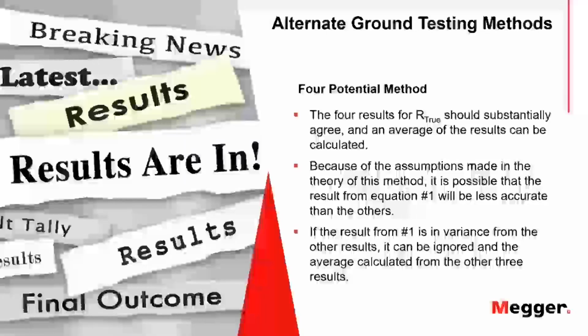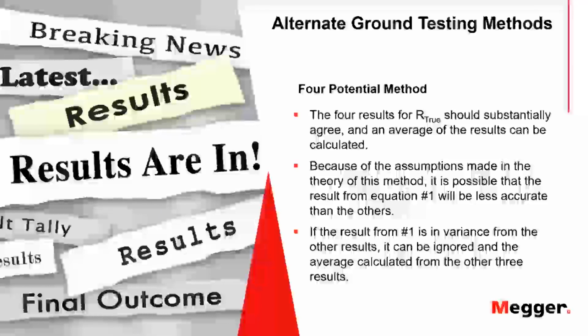In this case, if the first calculation is out of agreement with the others, you can throw it out. You have the luxury of throwing that one out. Again, this is based in the arithmetic, and this webinar doesn't have time to go into the arithmetic. But that is an extra confidence factor.